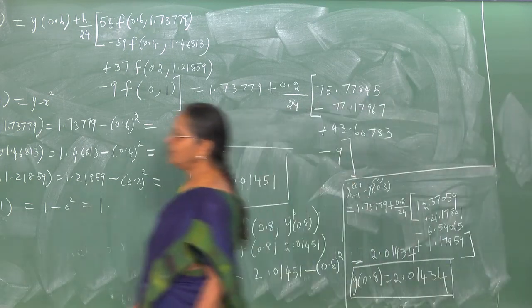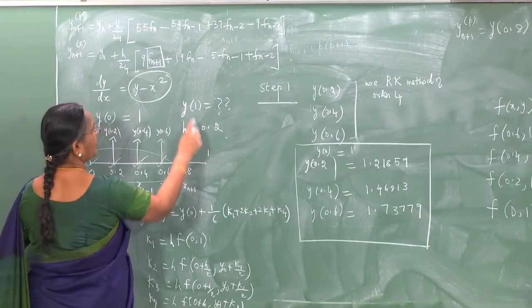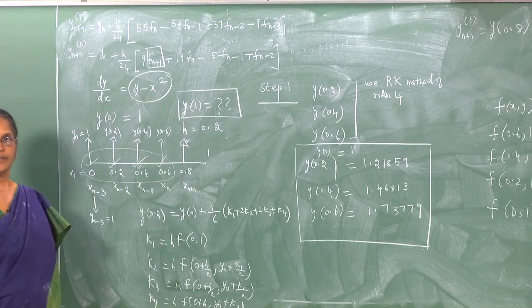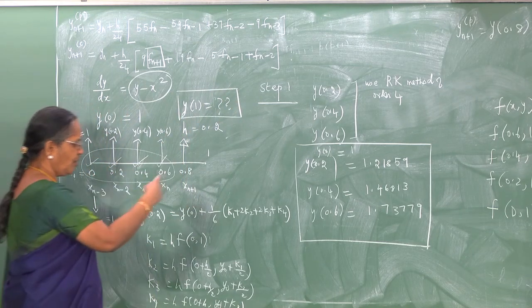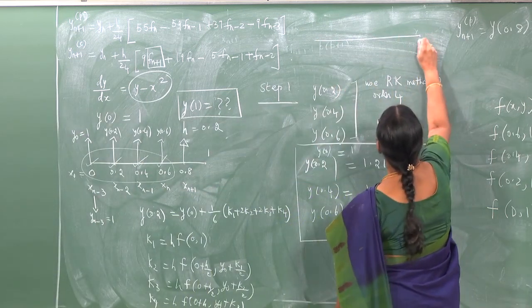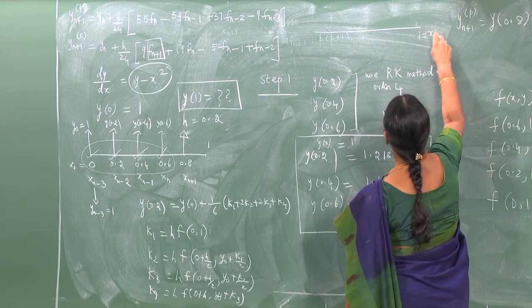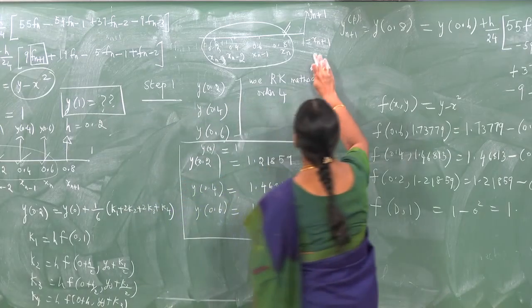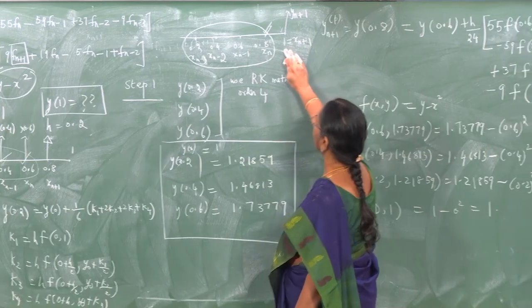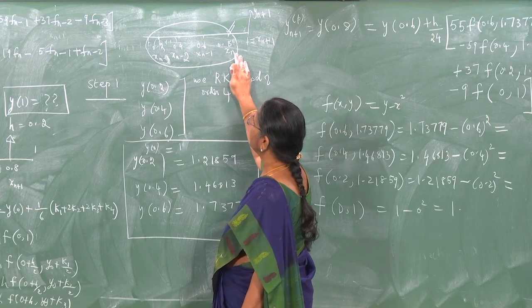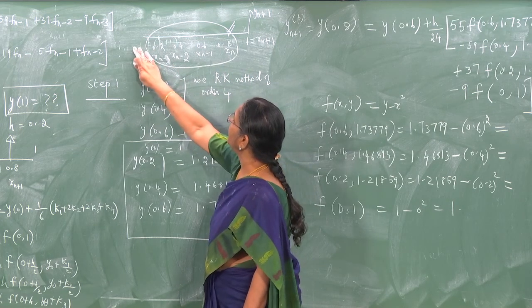What is it that we want? We require the solution at 1. The question is compute the solution at 1. So, what does that mean? We require the solution at 1. So, I should call this as xn plus 1. In order to obtain solution at xn plus 1, which is 1, we require information at the previous 4 points and they are all available.